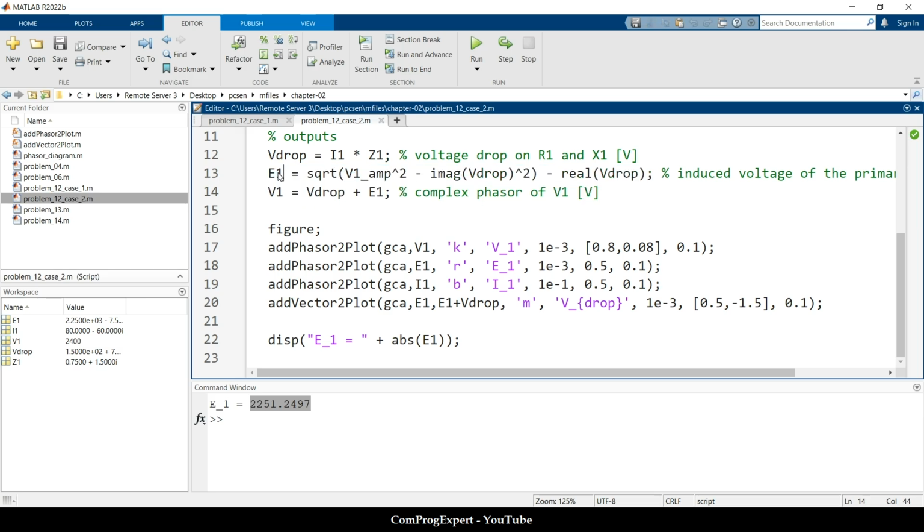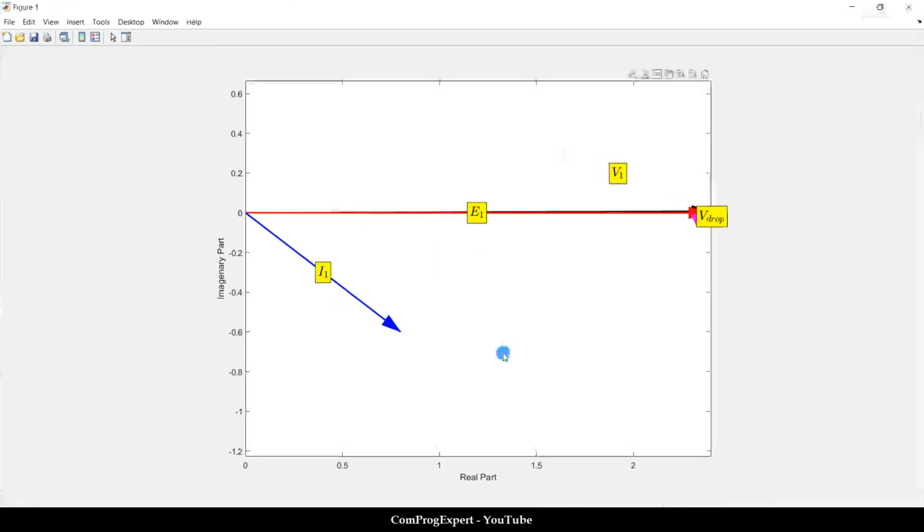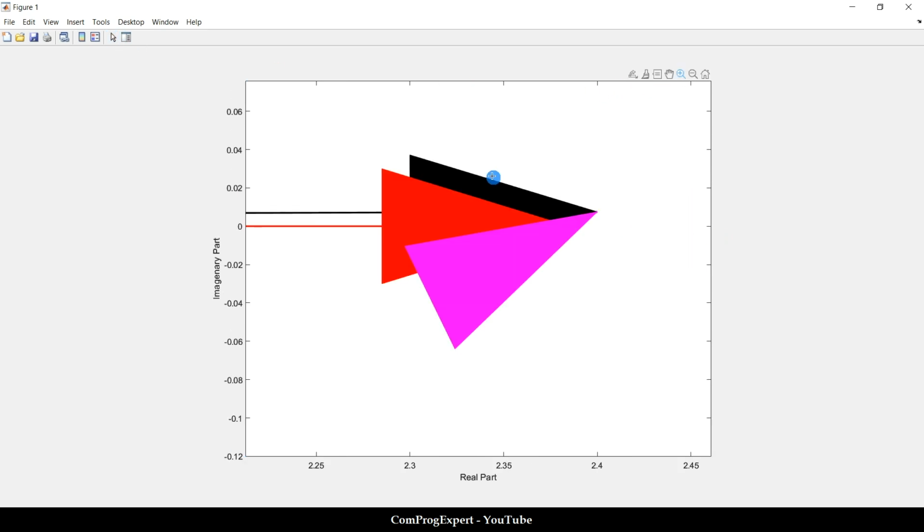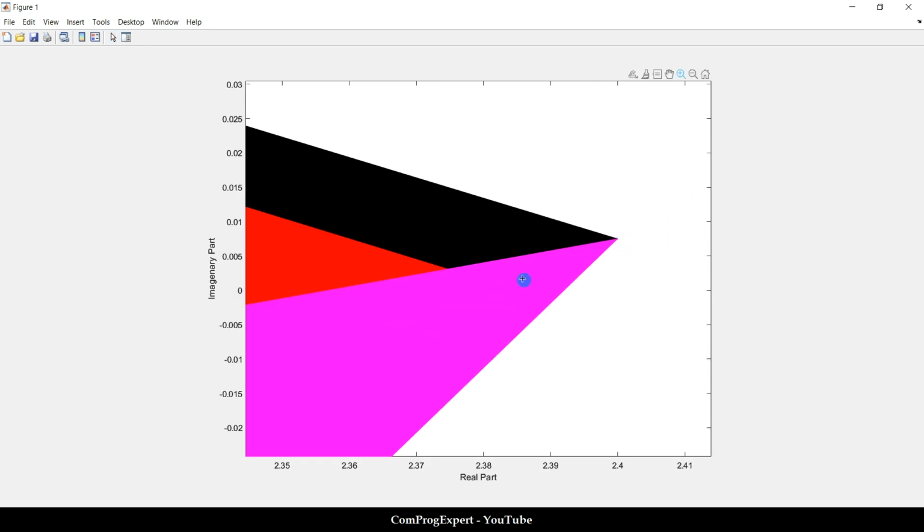After calculation of the E1, we can calculate V1. So if I run this M file, here you can see the voltage drop. However, it is very small here, the length of the voltage drop.